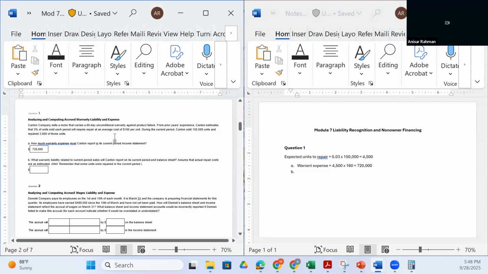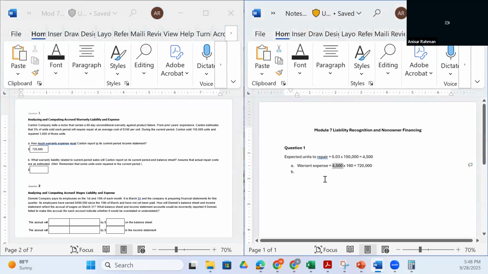So in future, they may have to receive more repair requests. On average, each year it will be 4,500 from each year's sales. So that is the original liability, but they have already paid for 3,600. So at the end of the year, on the balance sheet, the liability will be how much the company has not yet paid, but anticipates it will have to pay in future.